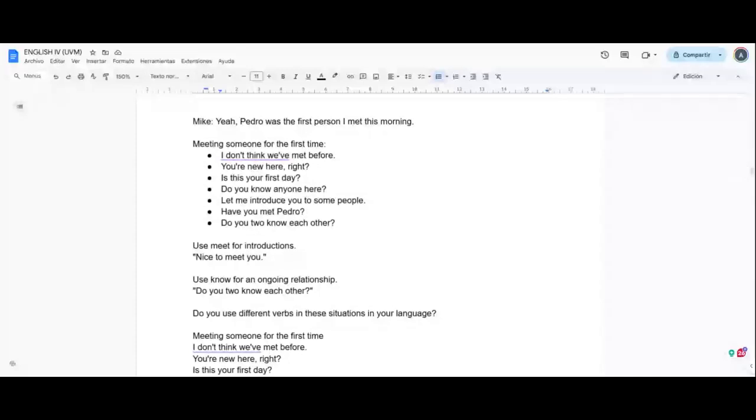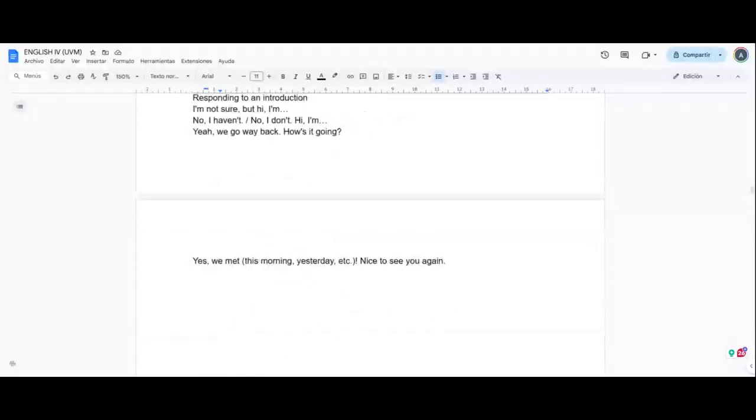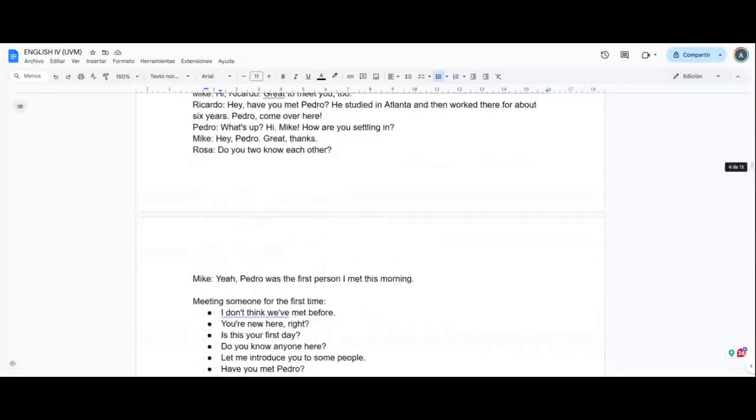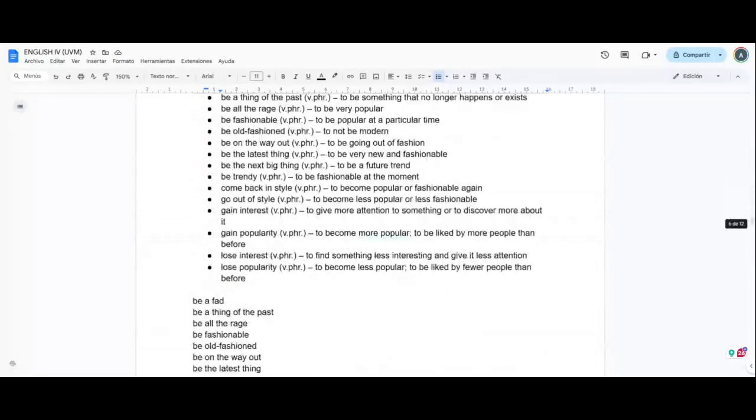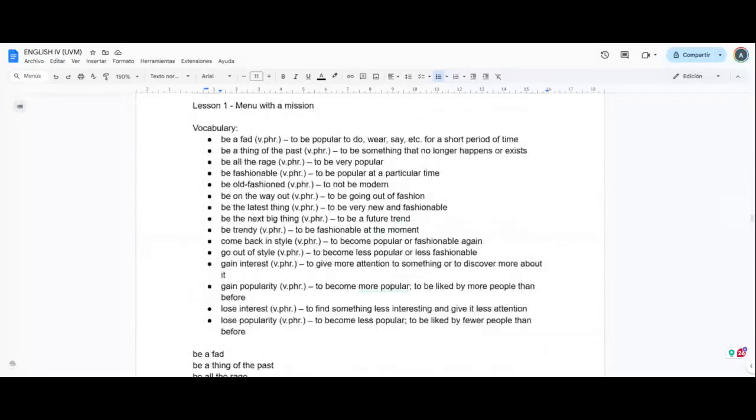Because we only have one student, let's go with the words. In terms of vocabulary, you learned these collocations. Let's go with Unit 2 and vocabulary for talking about trends.